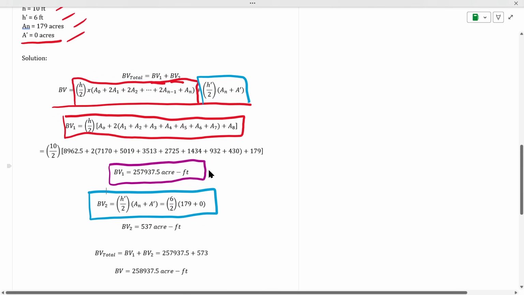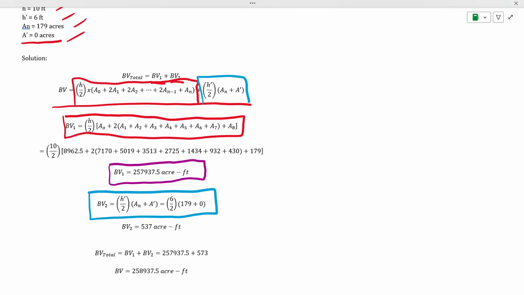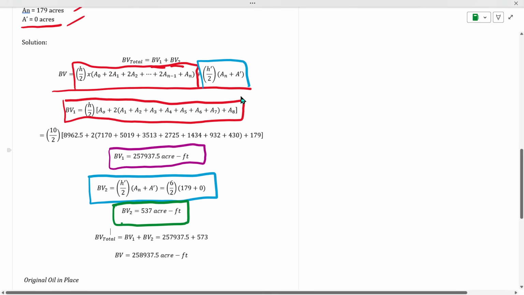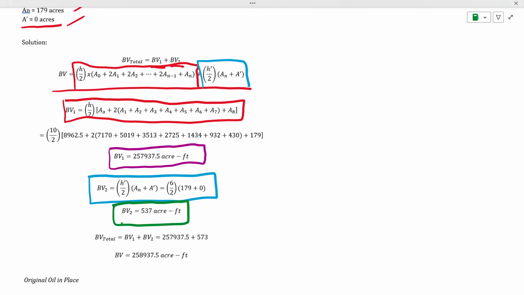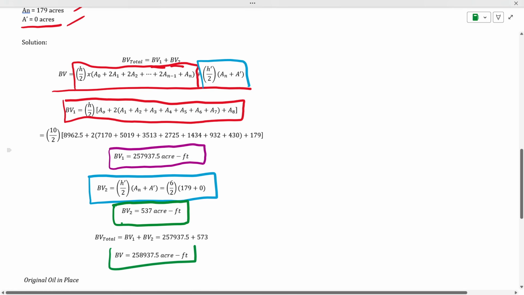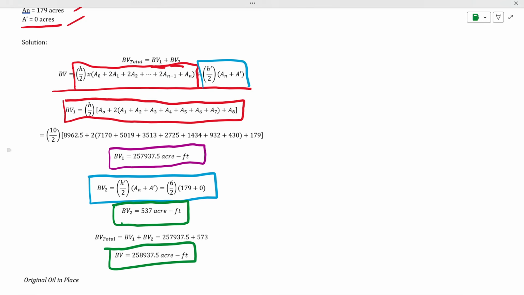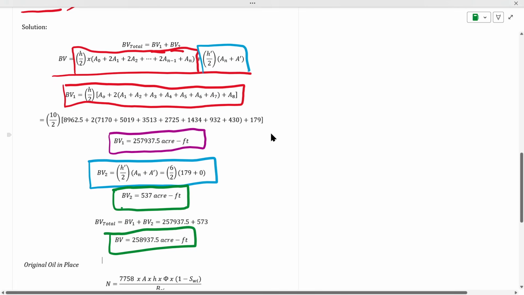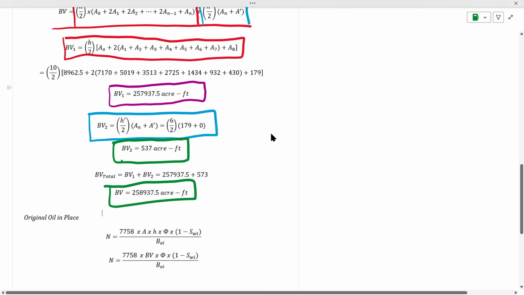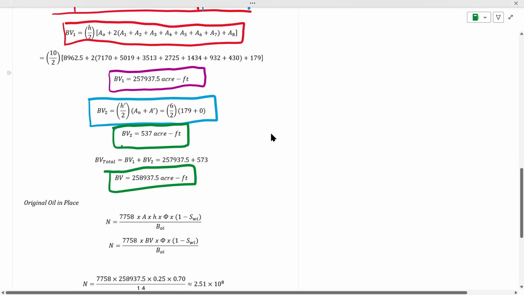And for the bulk volume 2, that will be 537 acre feet. Combining those bulk volumes 1 and 2, the total bulk volume will be 258,937.5 acre feet. And this total bulk volume will be used to calculate the original oil in place.